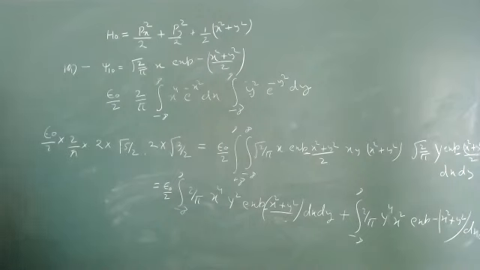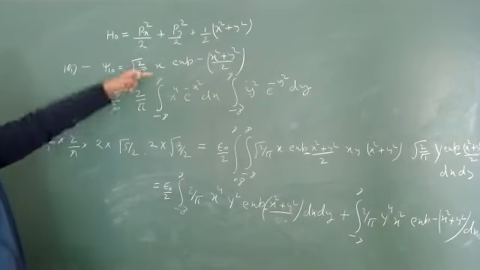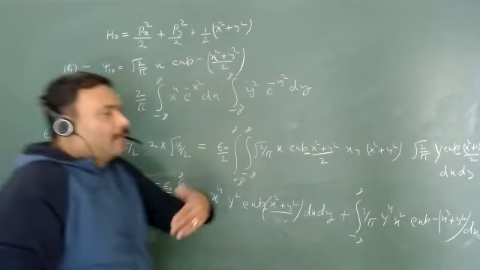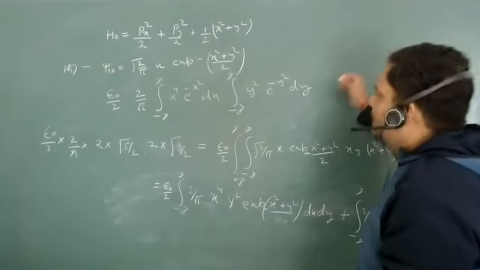Sir, why did this 2 come in the multiplication, sir? Arre bhai, only when you do 0 to infinity will you go for gamma. This is even function. How you will go for this integral?